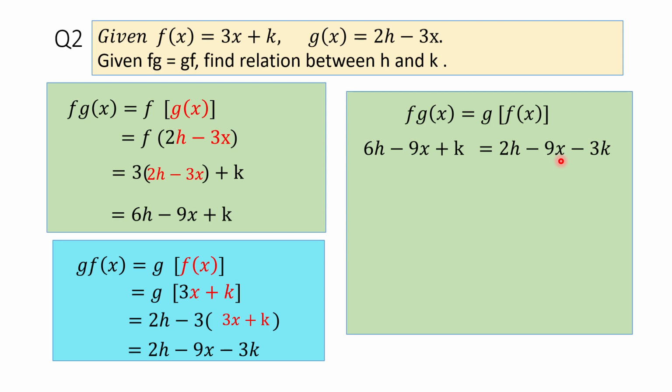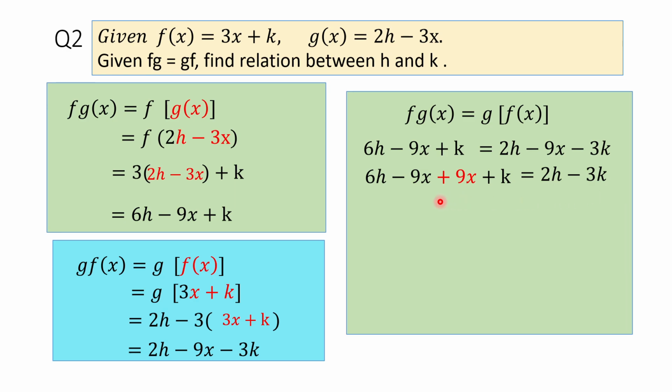Now you have to simplify this. Rearrange the equation. I'm going to move the negative 9x on the right hand side to the left hand side. Therefore, it becomes positive 9x equals, 2h and negative 3k remain, so 2h minus 3k on the right hand side.